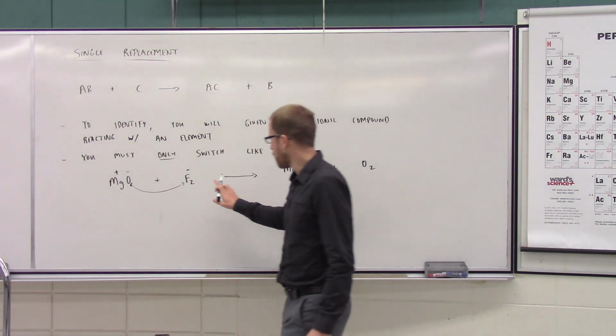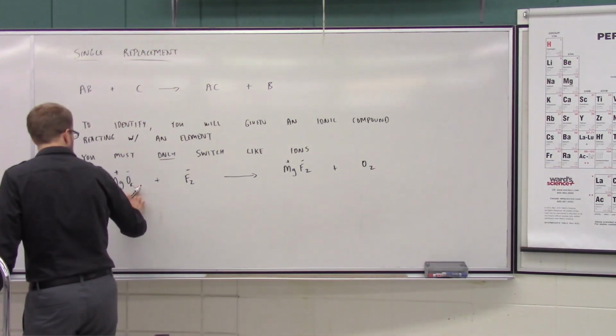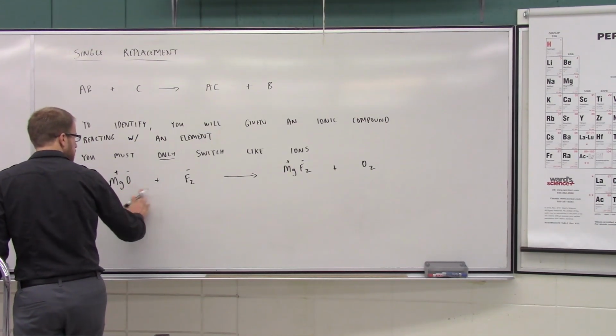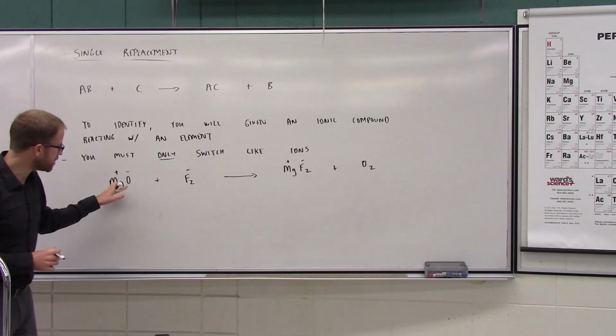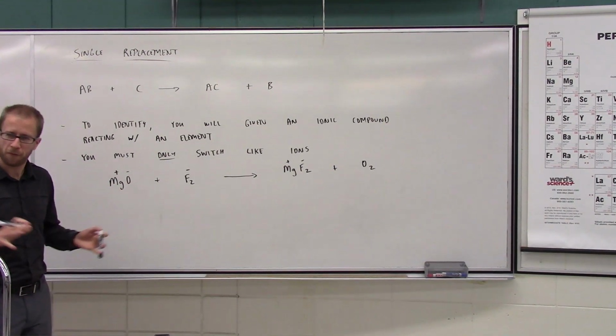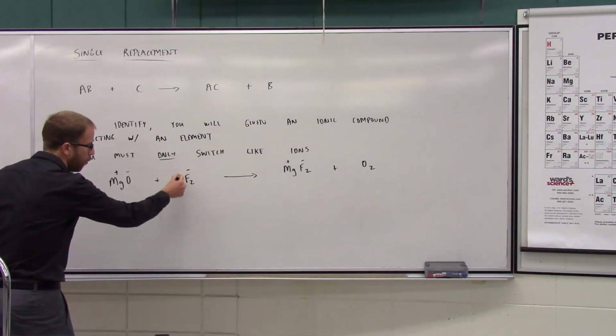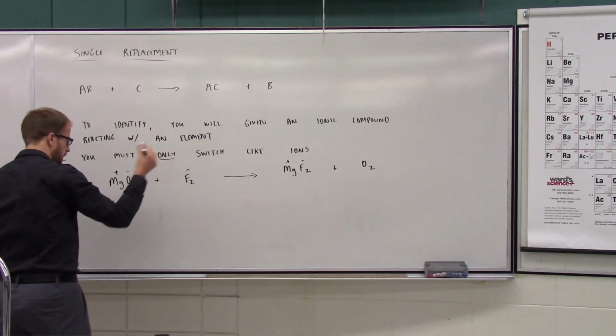Okay, so let's look at one more example, because there is another type of single replacement. You can't always just switch that element. You can't fall into that trap. You need to think about what charge this element here carries.